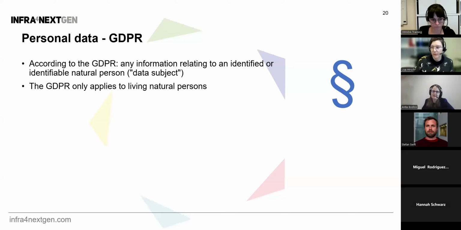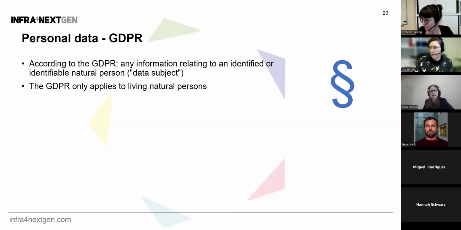GDPR only applies to living natural persons, which means that if you work with data on deceased persons, for instance, on political actors who were active in the 18th century, GDPR does not apply anymore.